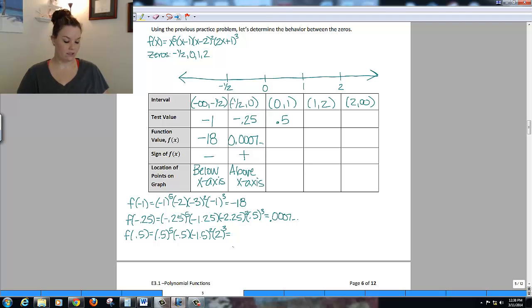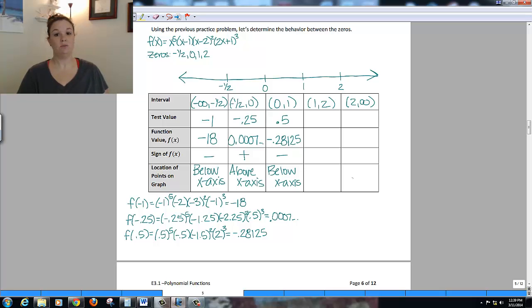Okay. When I plug this into my calculator, I end up with negative 0.28125. Okay. Again, we can round or whatever, because we're just trying to figure out if they're positive or negative intervals. So here I get negative 0.28125, which means this is a negative interval. If it's a negative interval, that means all my y values are below the x-axis.